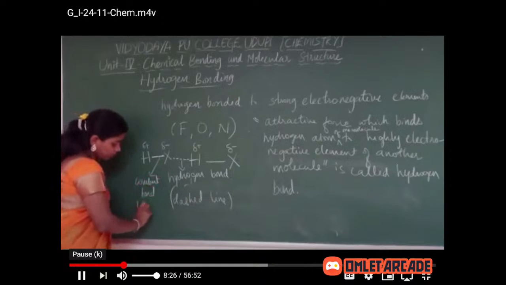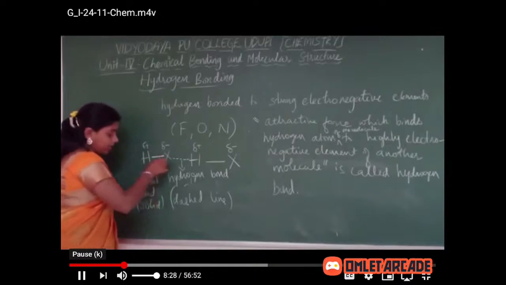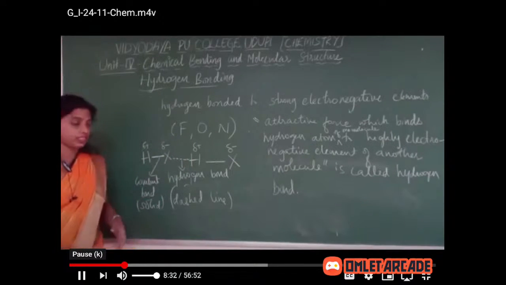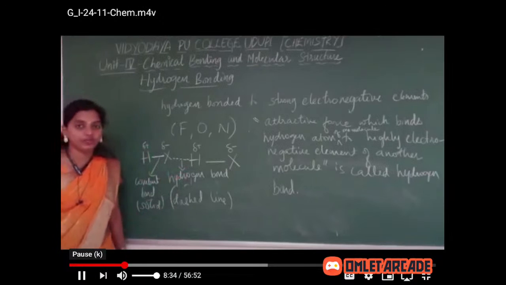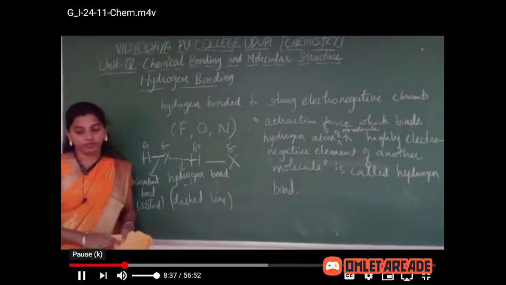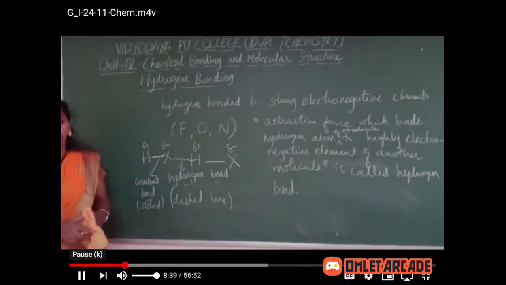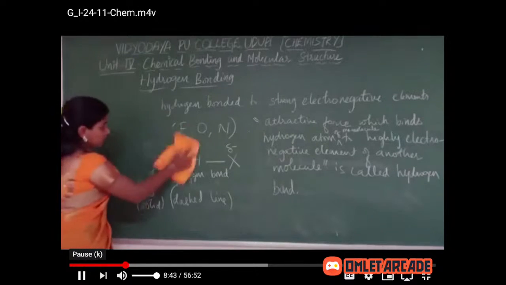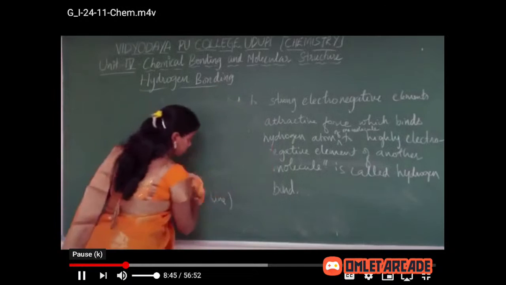The solid line is the covalent bond and the dashed line is the hydrogen bond. Okay, that is the definition and the cause of the hydrogen bond. For example, HF, if we see HF molecules.